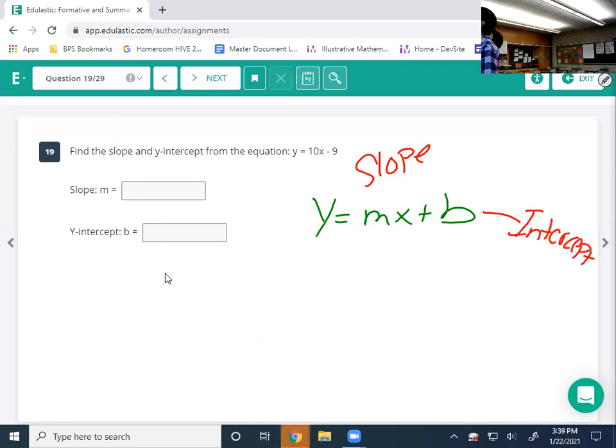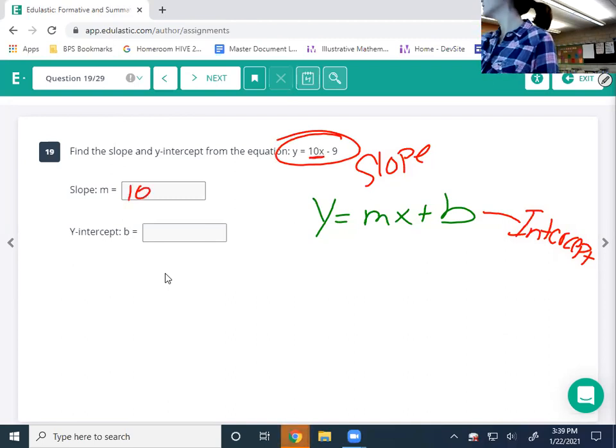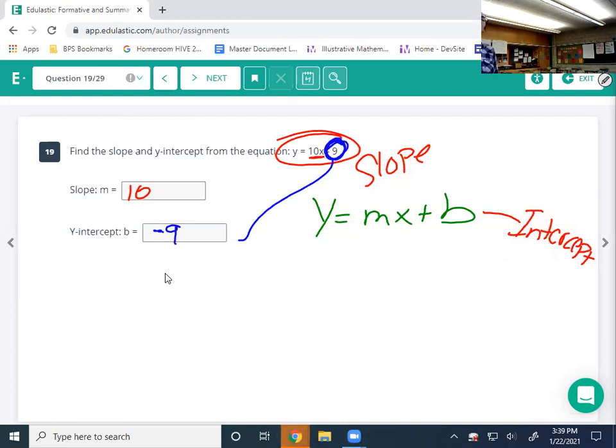In other words, the number attached to our x is our slope. The number that's by itself, our constant, is our y-intercept. So if we're looking at this equation here, our slope would be this number attached to our x, 10. And our y-intercept would be this number by itself, -9. You want to remember to attach that -9 when you are talking about your y-intercept there.